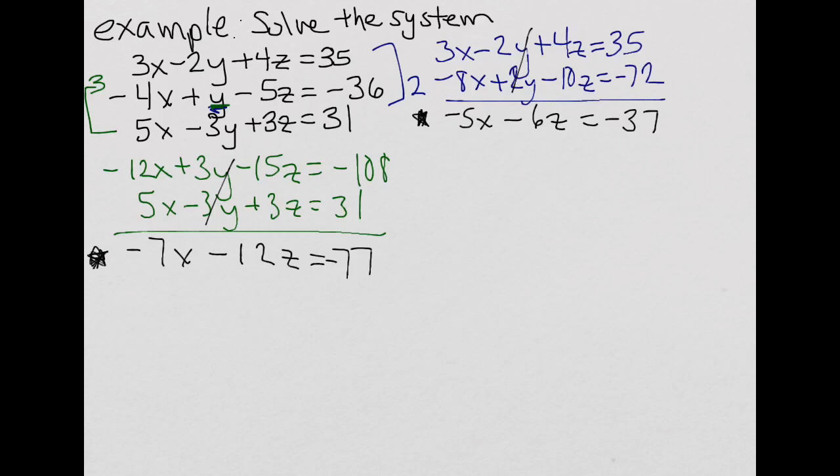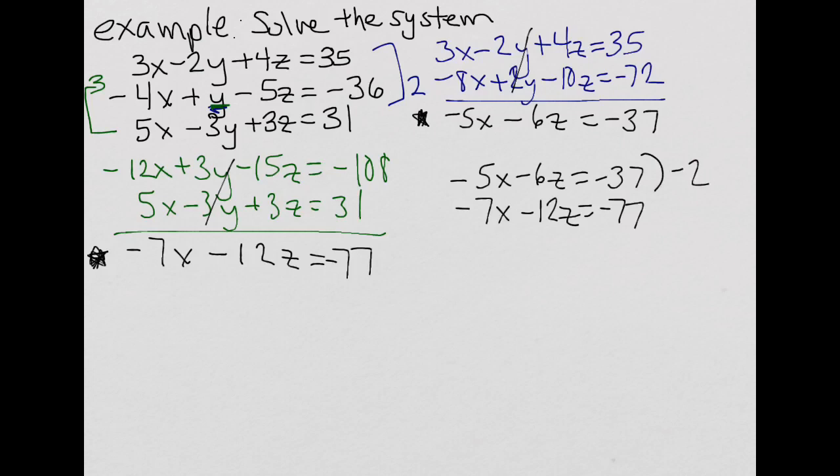So let's go ahead and write those two next to each other. So negative 5x minus 6z equals negative 37. Negative 7x minus 12z equals negative 77. Okay, now I want to use elimination. You can use substitution or graphing if you want to. I'm going to eliminate the z's, and I'm going to multiply the top one by negative 2.